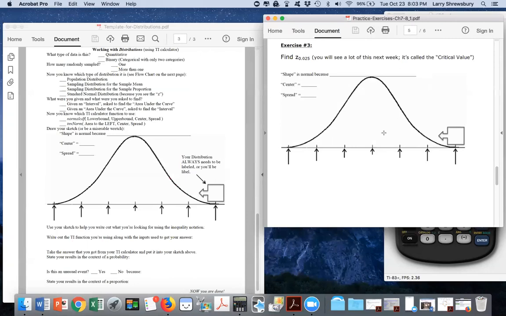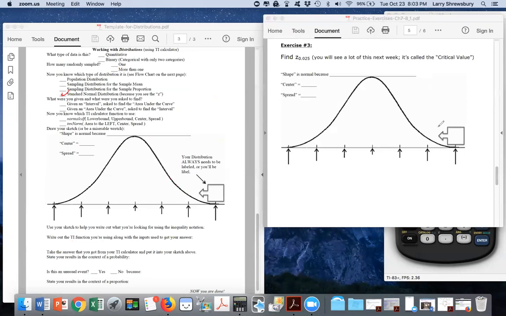First of all, notice that when you see the z, you just automatically know it's the standard normal distribution. In fact, right here, you can just check: it's the standard normal distribution because I can see the z.